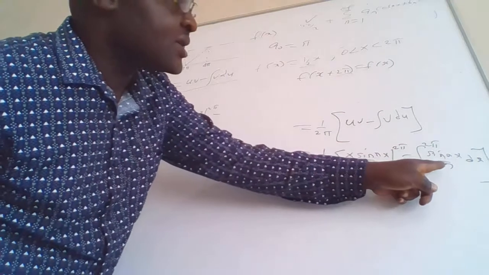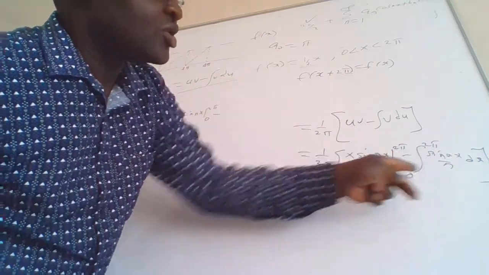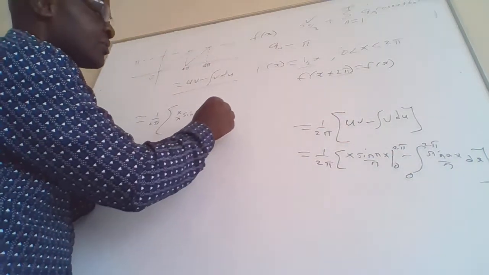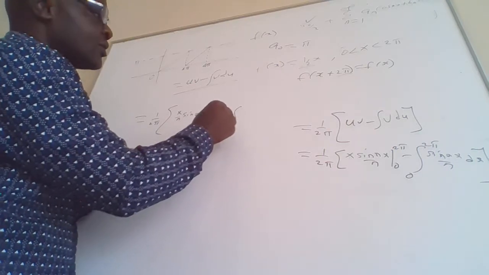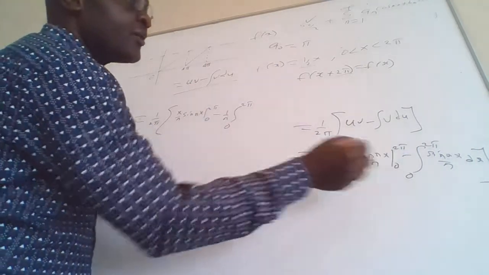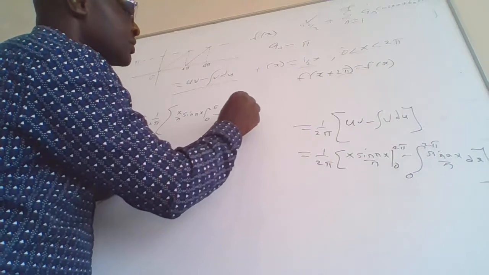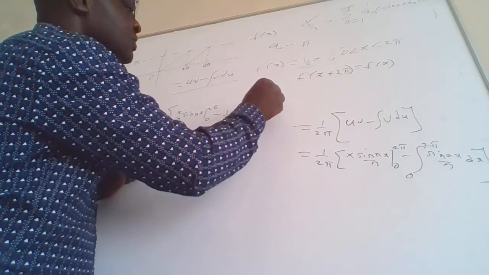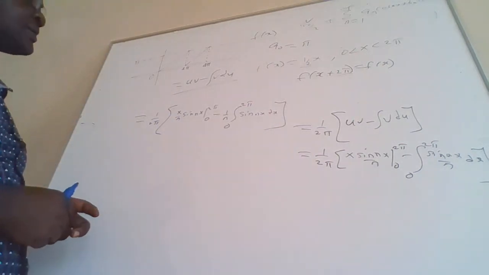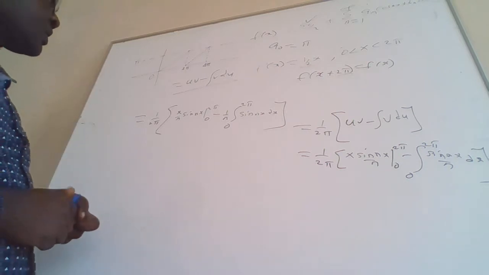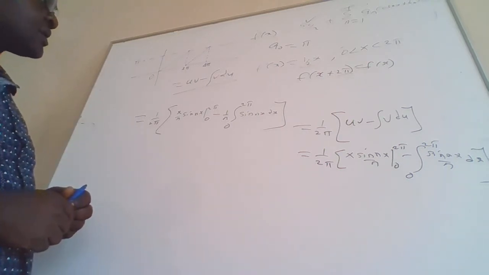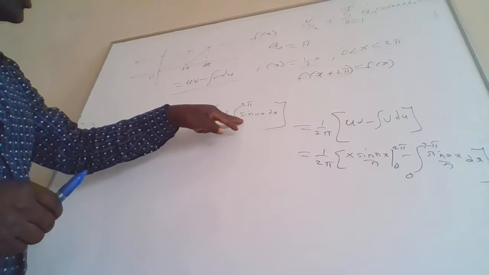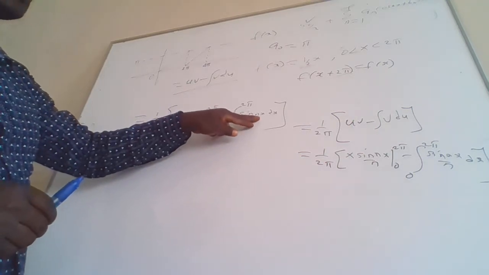So here we take 1 over n outside because it's a constant, so it will be minus 1 over n, the integral from 0 to 2 pi of sin nx dx. So at this point, we now need to integrate sin nx.